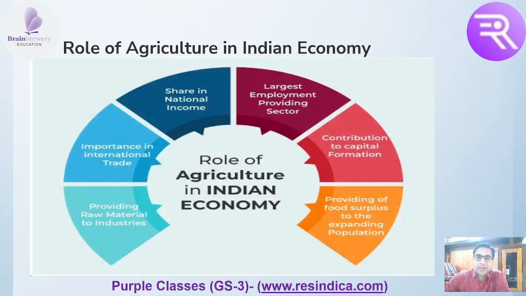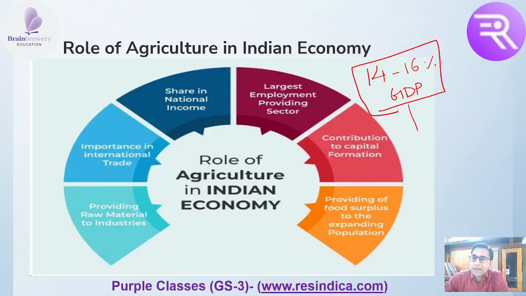Obviously, around 14 to 16% of GDP comes from agriculture, and it employs 45 to 46% of the working age population.